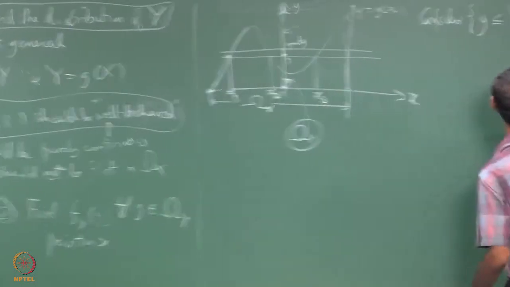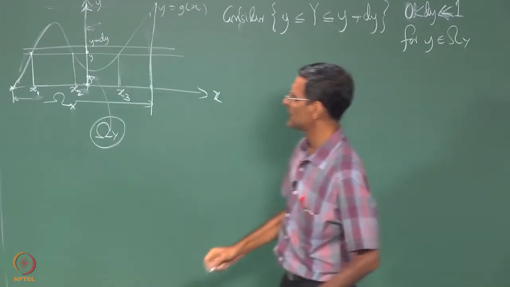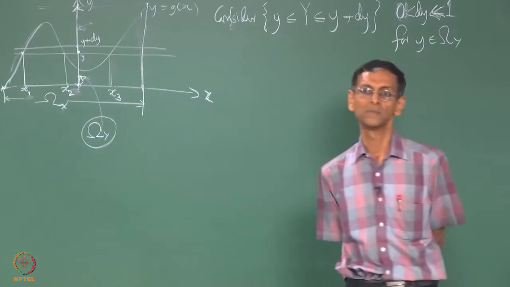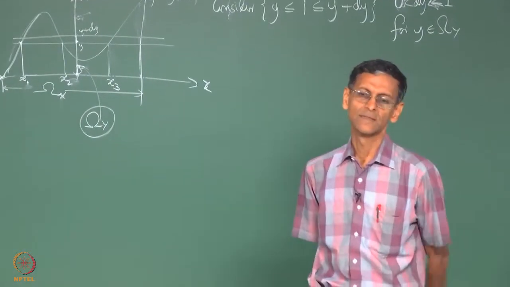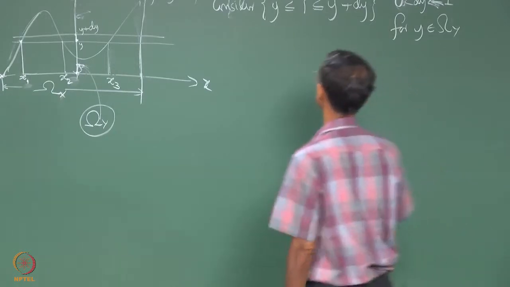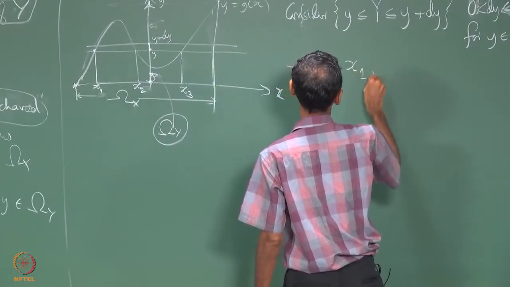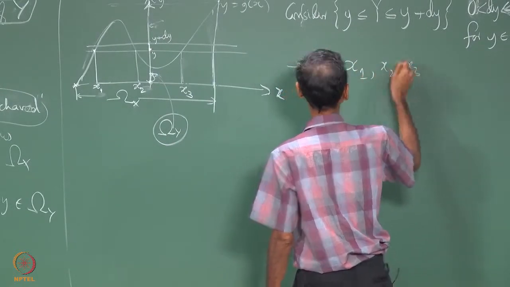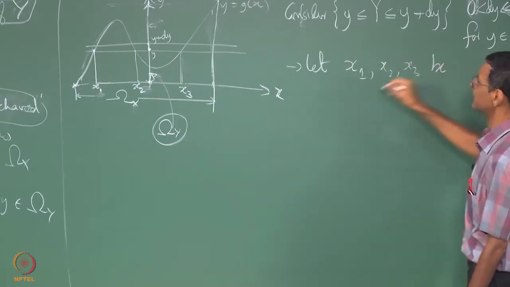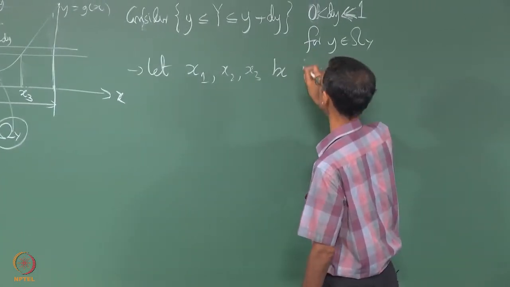So if I take y in omega y, obviously it has to have at least one root by definition, otherwise there's something wrong with omega y, isn't it? So let x1, x2, x3, of course it can be more, but let me say for the time being that we have 3 roots. That is all the 3 roots, right?